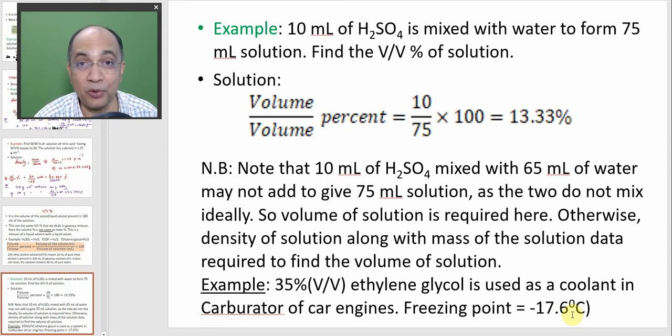Therefore, the freezing point of water is lowered by such a large amount, because the freezing point of water is 0 degrees Celsius. It has been lowered by 17.6 degree. That has happened because ethylene glycol is present there. And how and why it has happened, you will study in your colligative properties chapter later, not in this program.